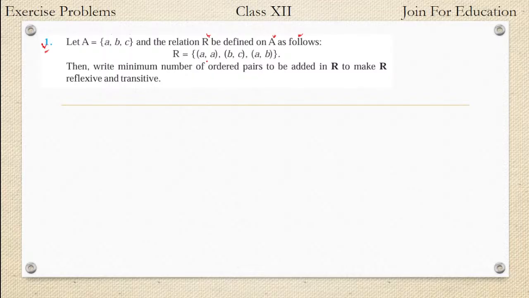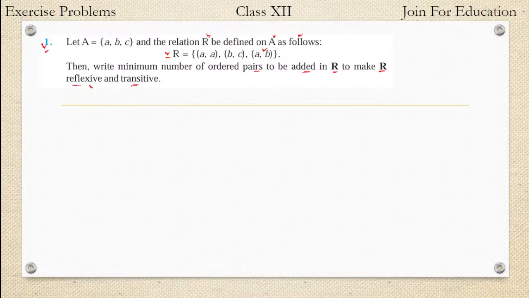Ordered pair (A, A), ordered pair (B, C), and ordered pair (A, B) are the elements of the relation R. Then write the minimum number of ordered pairs to be added in R to make R reflexive and transitive.